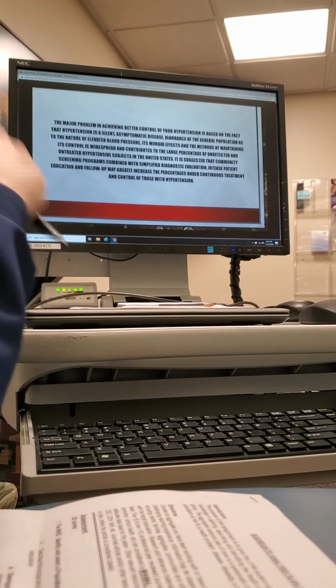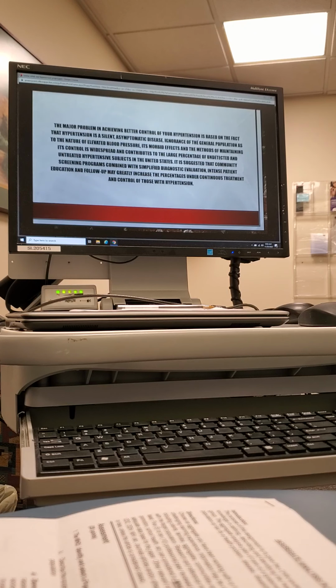Dizziness and blurry vision is also a sign of symptomatic hypertension. The face flushing is a big one. So when you notice that and you feel very hot and you maybe have a headache, it may be a good idea to check your blood pressure to see what it is.